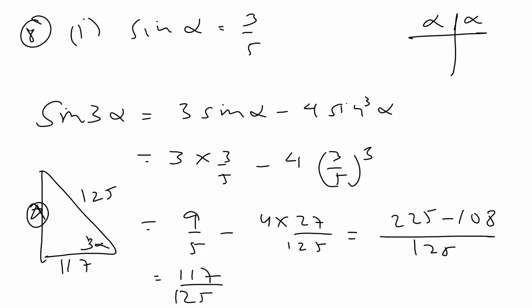Now, if alpha is in the first and second quadrant, cos values will be both positive and negative. Okay. Because in the second quadrant cos is negative. Clear? Yeah. And tan 3 alpha will be sin 3 alpha upon cos 3 alpha.